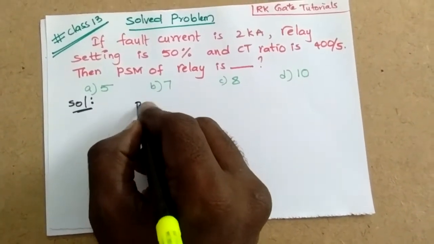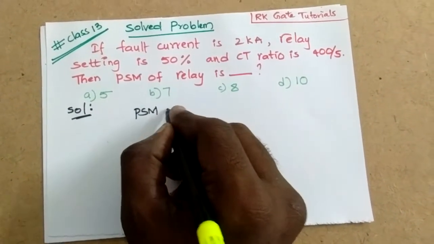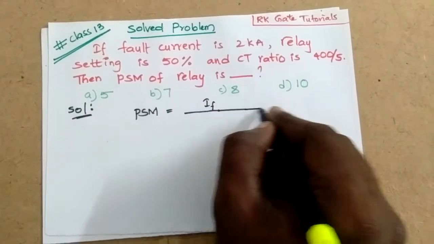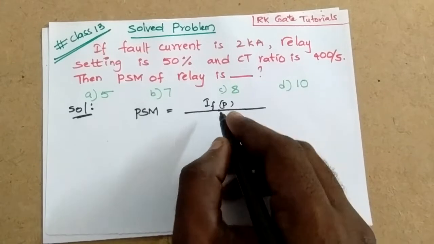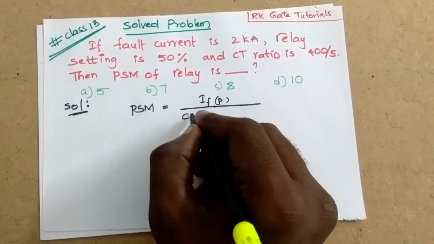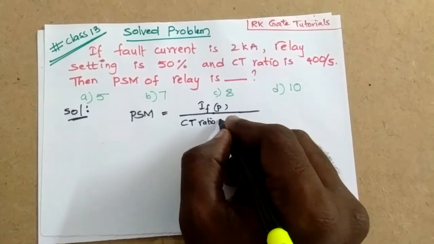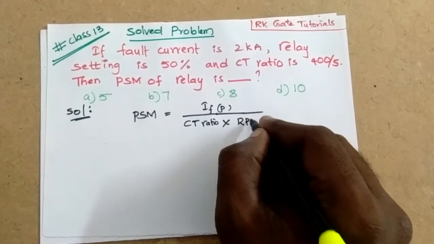We already know that the PSM of a relay is defined as the primary fault current over the CT ratio multiplied by the relay pickup value.